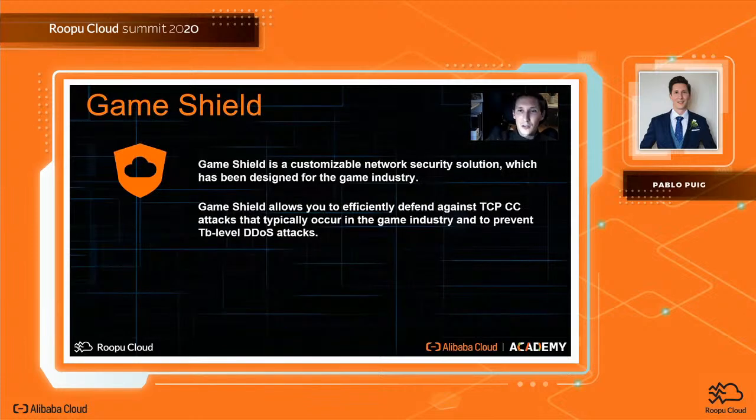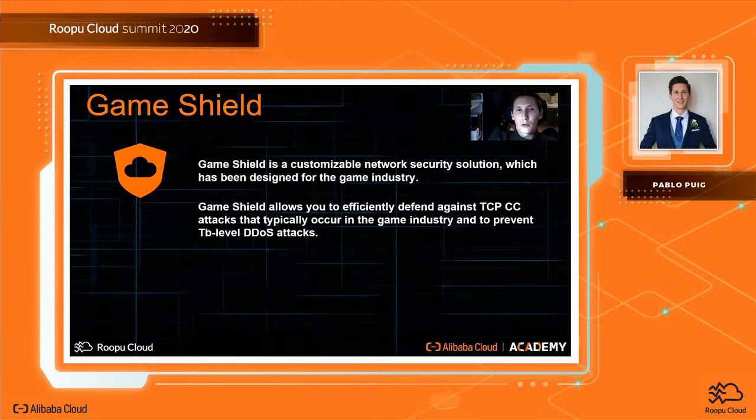All right, let's continue now with the GameShield. It is a customizable network security solution, designed especially for the game industry. It has basically the same capabilities as Anti-DDoS Pro, but GameShield can defend against high traffic DDoS attacks. We are talking about terabyte level attacks.